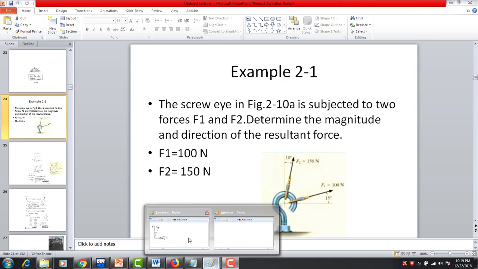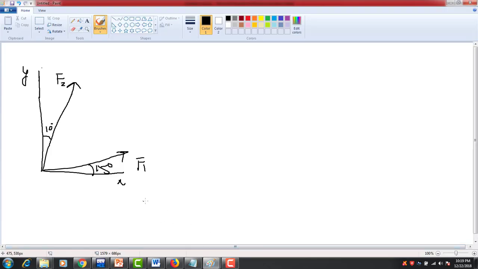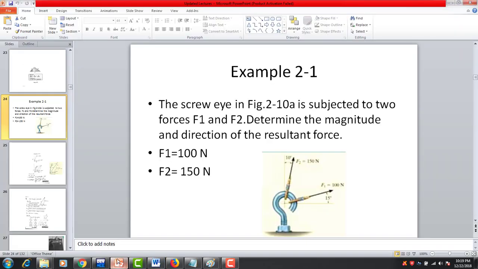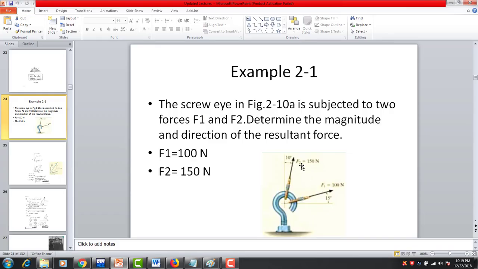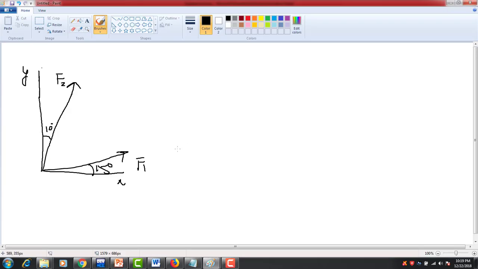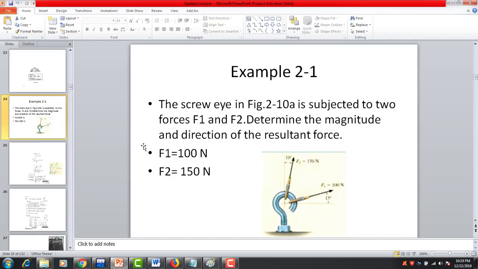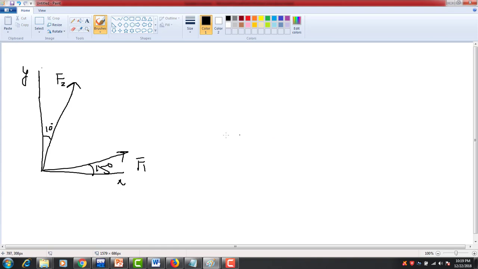So we have already drawn the diagram, the free body diagram. F1, F2 and the angles 15 degree, 10 degree. We have to find the magnitude of the resultant force.